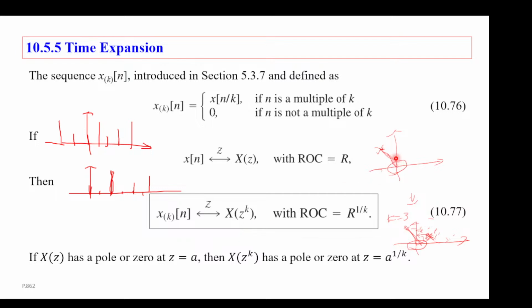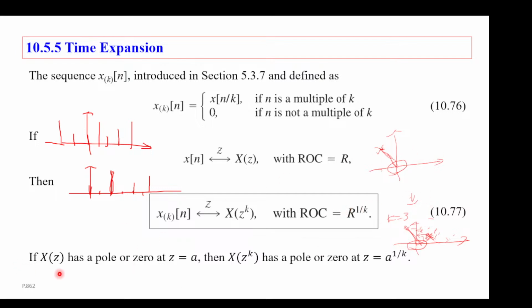This means that you compress your ROC by a 1 over k factor, and that means two things. You either shrink or expand your radius a little bit, and also the angle got multiplied by 1 over k. We'll see an example very soon.